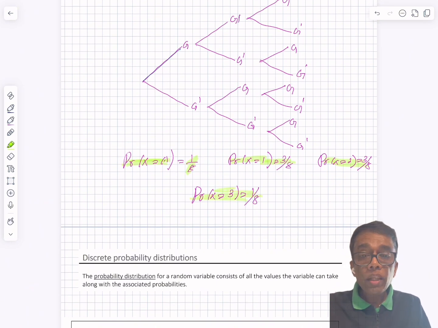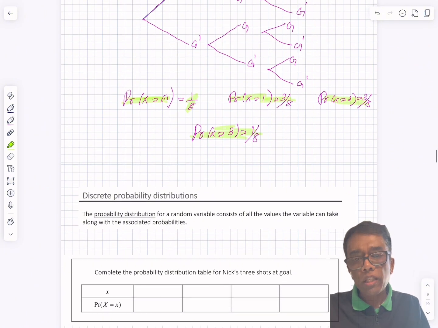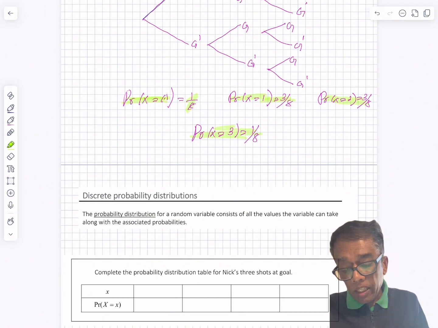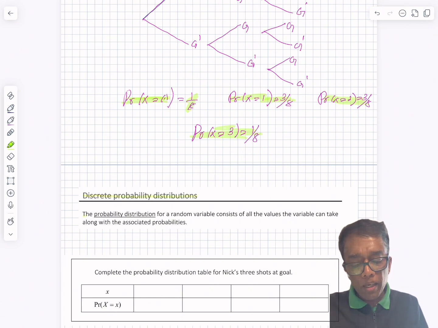Now we will consider what discrete probability distributions are. The probability distribution for a random variable consists of all values the variable can take along with the associated probabilities.